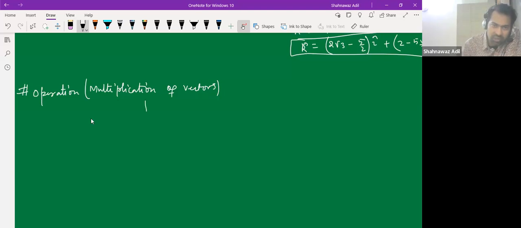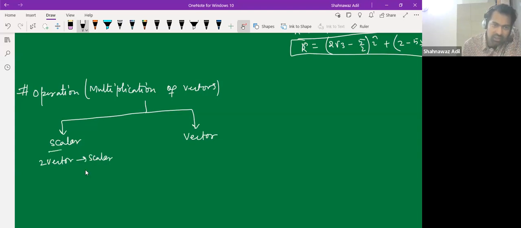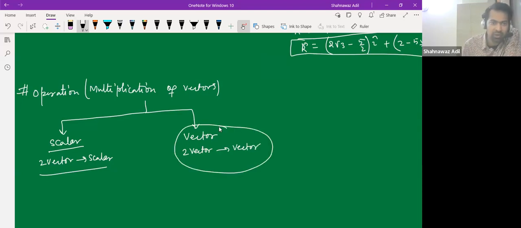There are two kinds of multiplication: one is scalar multiplication, the other is vector multiplication. If you multiply two vectors and you get a scalar, that is the scalar multiplication. If you multiply two vectors and you get a third vector, that is the vector multiplication. This part we will skip for now. We'll talk about the scalar multiplication.